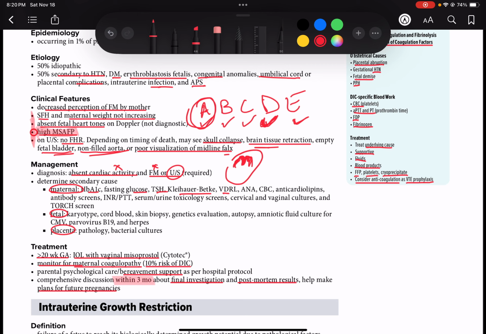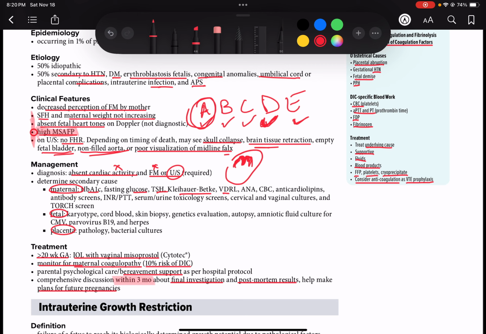So in maternal, you'll do some investigations. You would want to rule out diabetes, thyroid, any cross reactivity, any infections like syphilis, SLE, any anti-phospholipid syndrome. You would also want to do some coagulation studies of the mom, and then urine toxicology screens for any intoxication, any cultures for any infections, and heart screen.